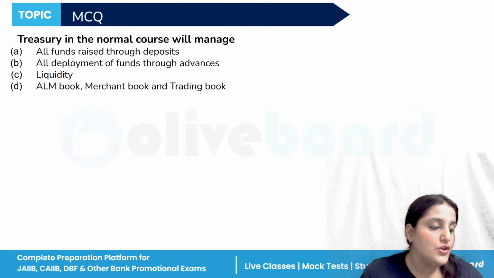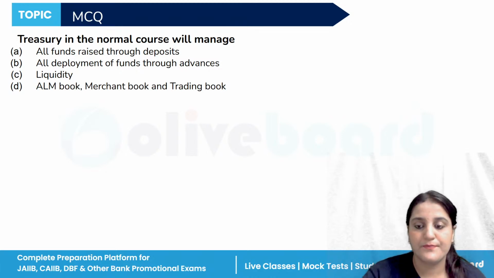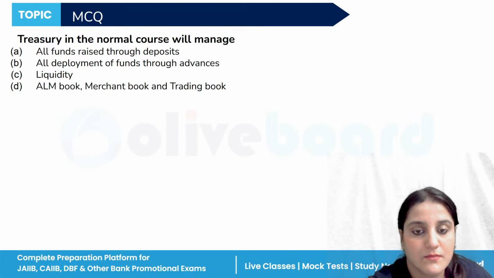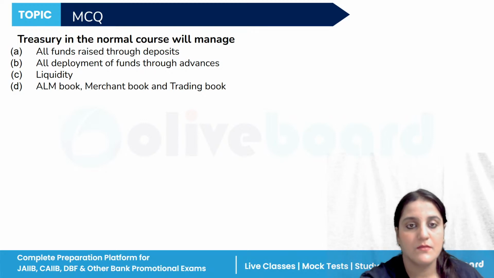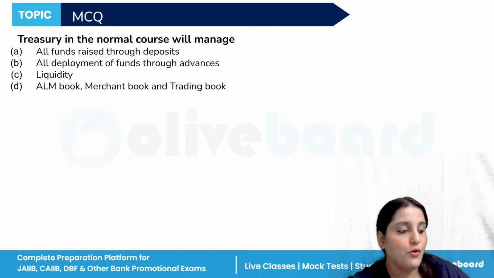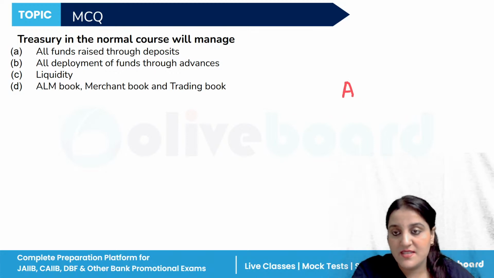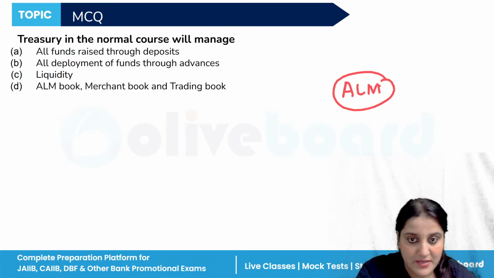Treasury in the normal course will manage all funds raised through deposits, all deployments of funds through advances, liquidity, ALM book, merchant book, and the trading book. Basically, this is asset liability management.